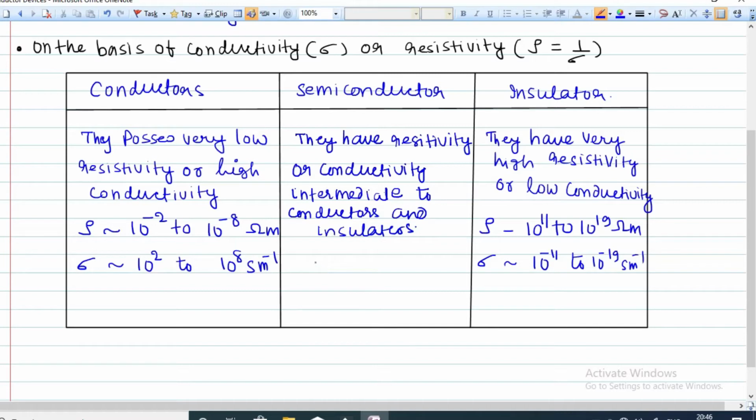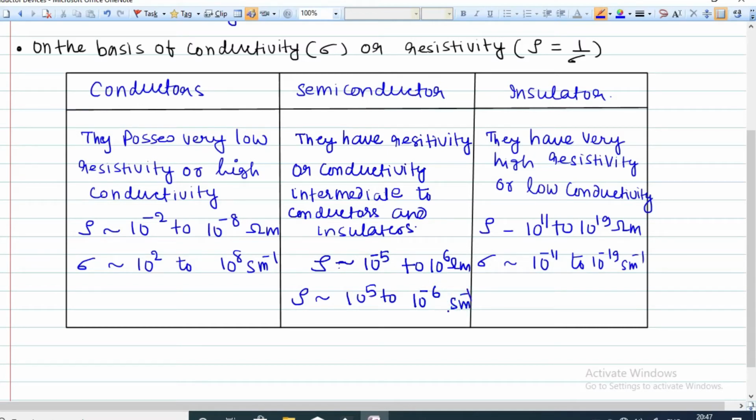The value of resistivity for semiconductors is basically 10 to the power minus 5 to 10 to the power 6 ohm meter, and the value of conductivity is intermediate, 10 to the power 5 to 10 to the power minus 6 Siemens meter inverse.